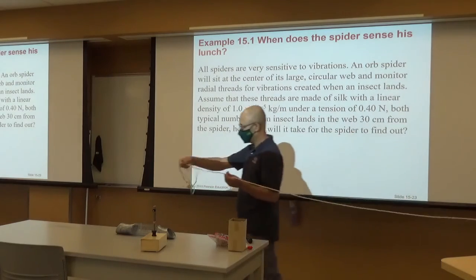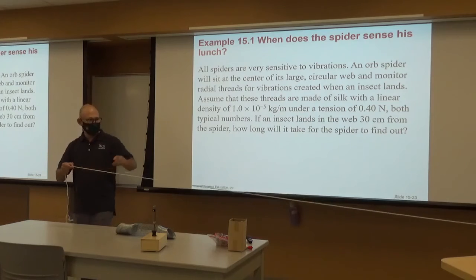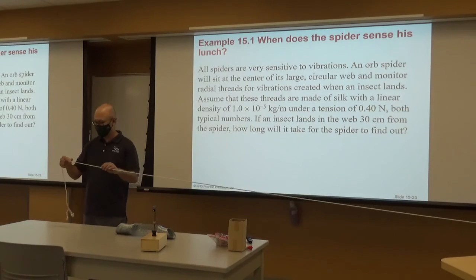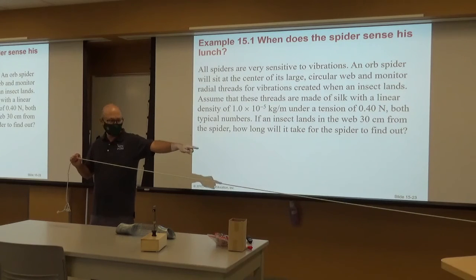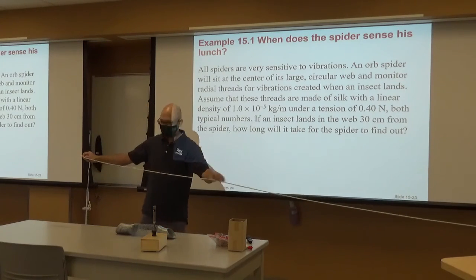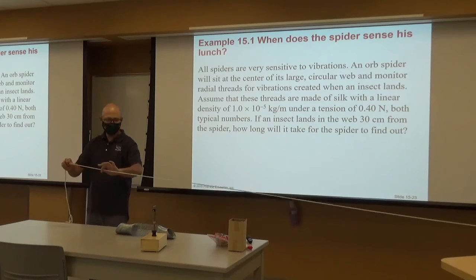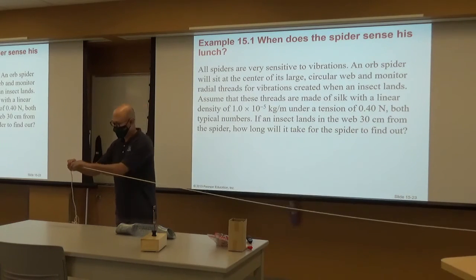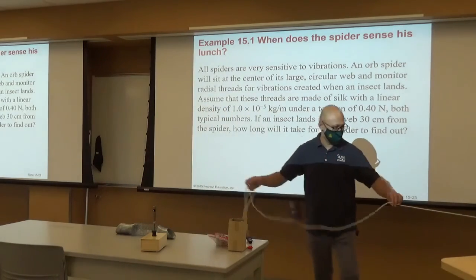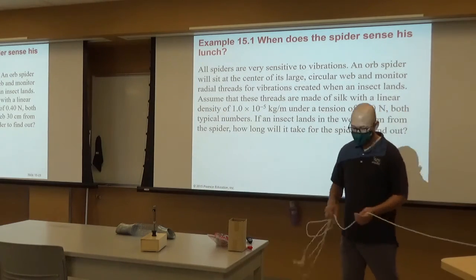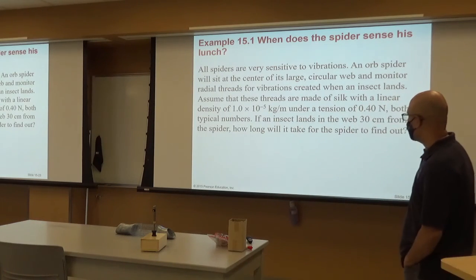So here, let's say this is the spider web, and the insect is somewhere there. When the insect moves, it sends a wave along the web, and at some time later, the spider will sense the wave.